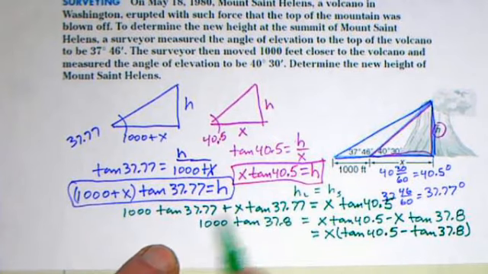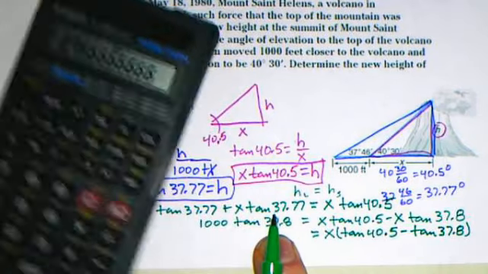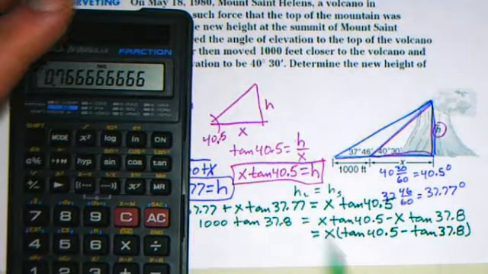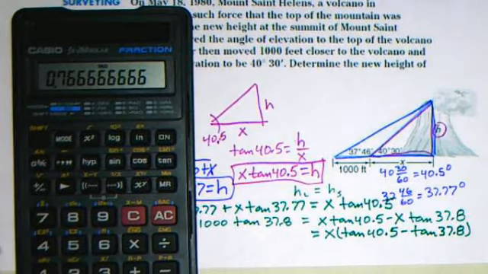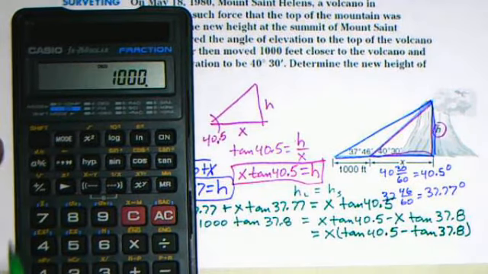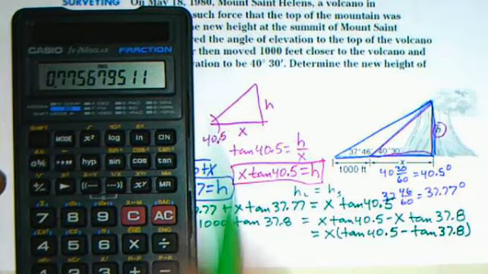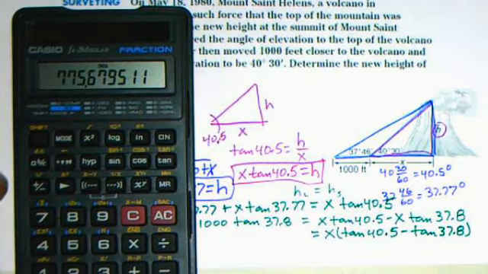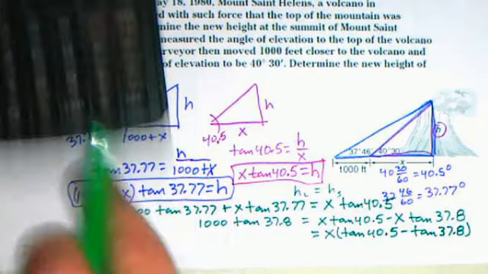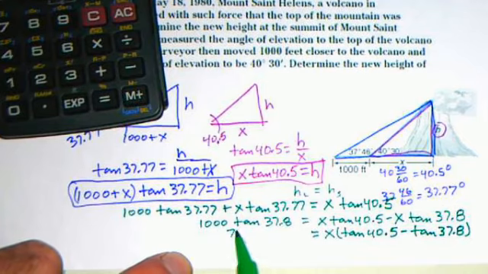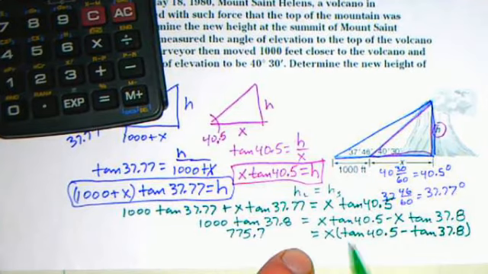equals this other side. I might as well go ahead and turn this into a regular number now. 1,000 times the tangent of 37.8, I get 775.7. We might as well go ahead and simplify this.